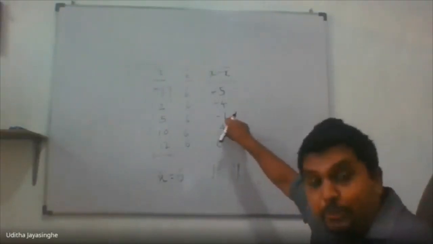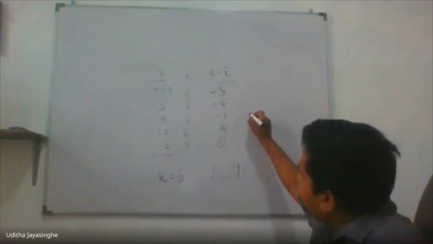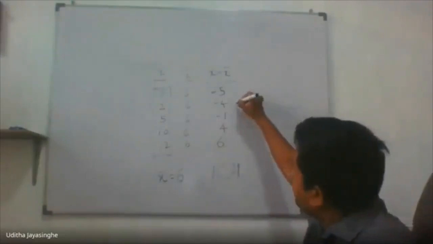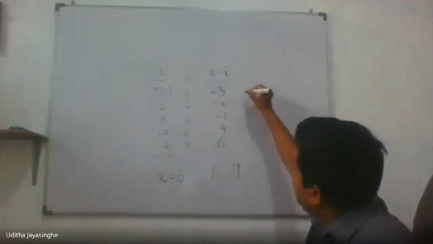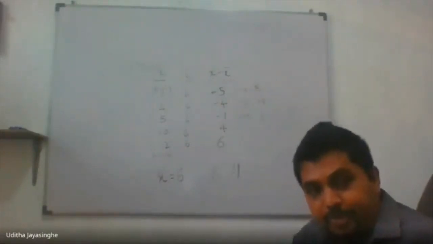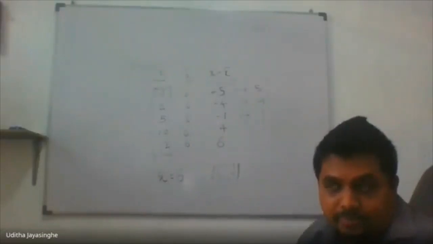But what about this negative 1? Instead of negative 1, I have to take it as just 1. The value is just 1. Instead of negative 4, I have to take it as 4. Instead of negative 5, I have to take it as 5. Just the number, the numerical value.